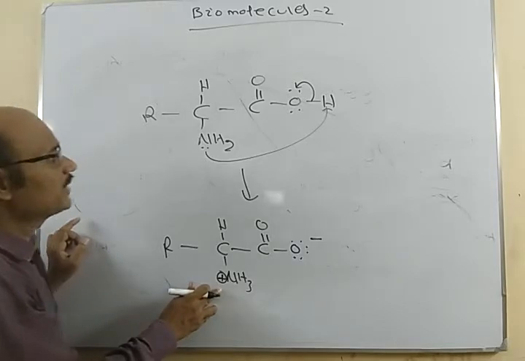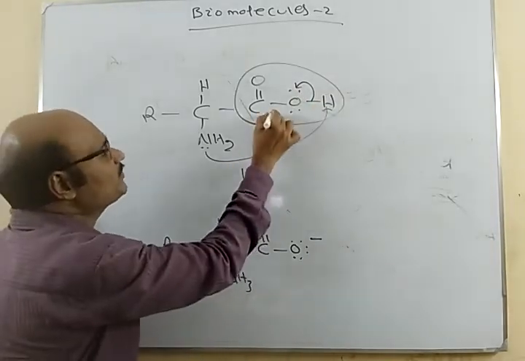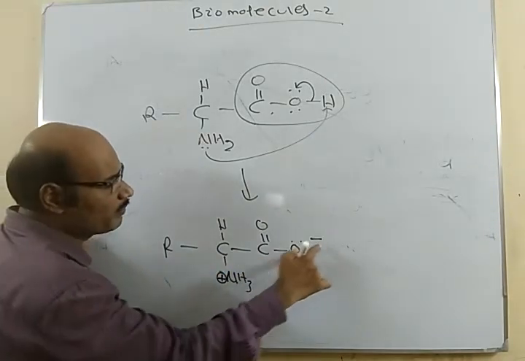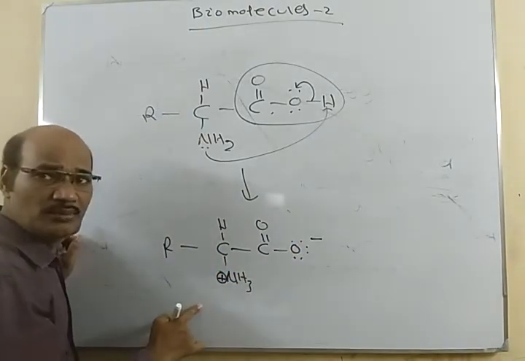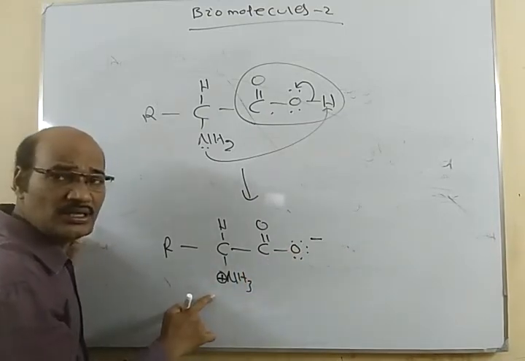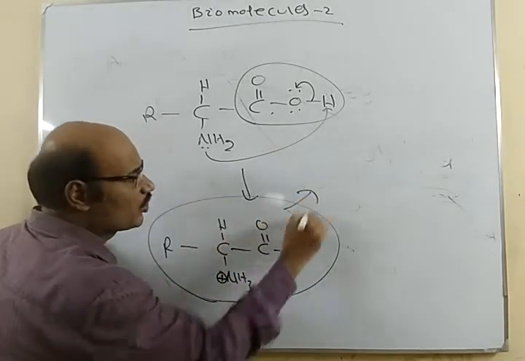So one proton from the COOH group can transfer to the NH2 group, and we have COO minus and NH3 plus. Because both the minus charge and plus charge are present in this single molecule, this type of molecule is called what?